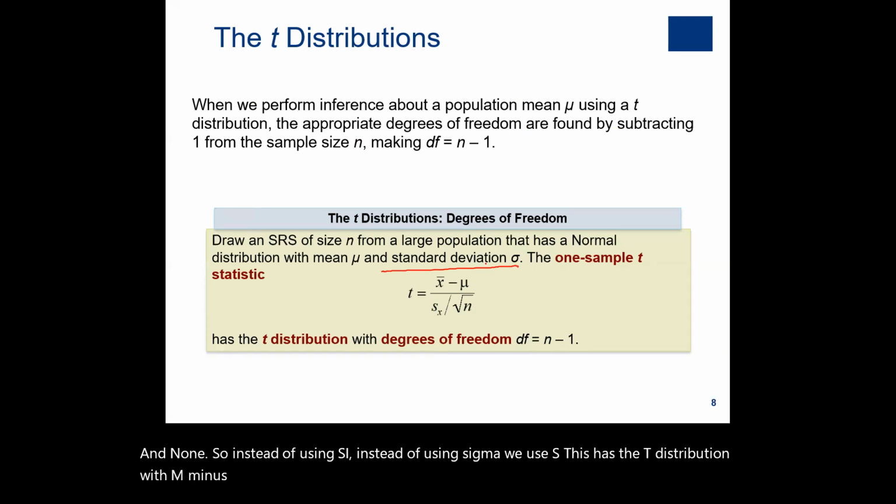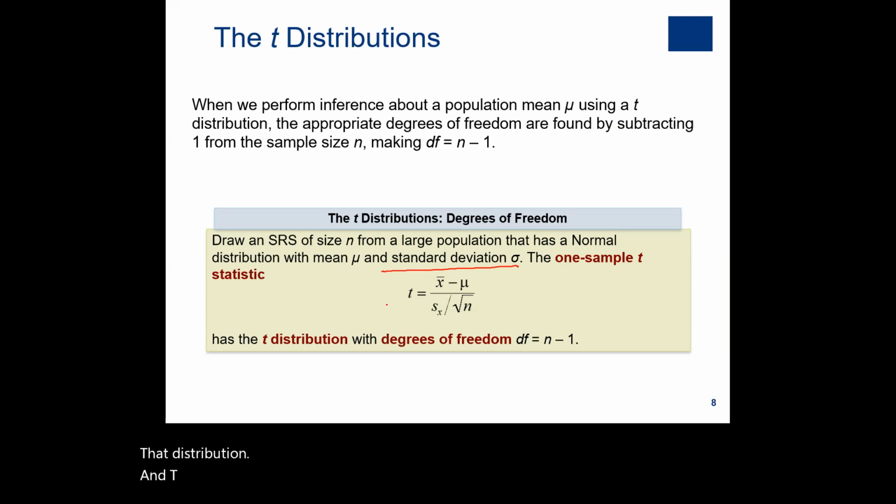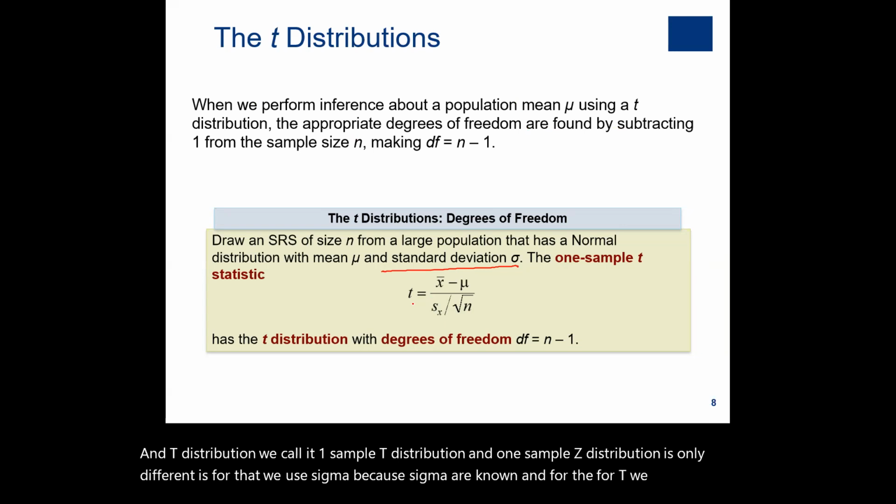If sigma is known, this has a Z distribution, not a t distribution. The only difference between the one sample t and the one sample Z is that for Z we use sigma because it is known, and for t we use S instead of sigma.